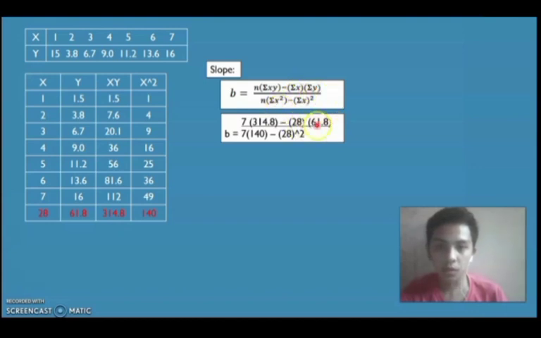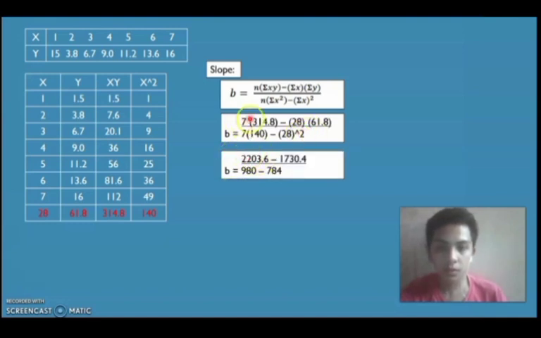We have 28 and 61.8, and divided by 7, which is the n, and the sum of x squared, which is 140, subtract the sum of x value, squared.